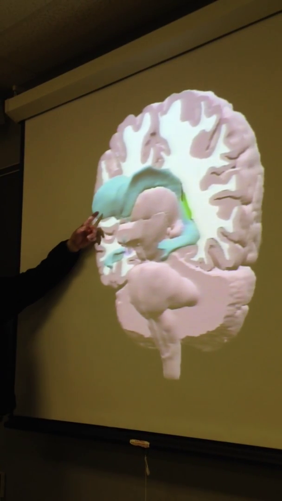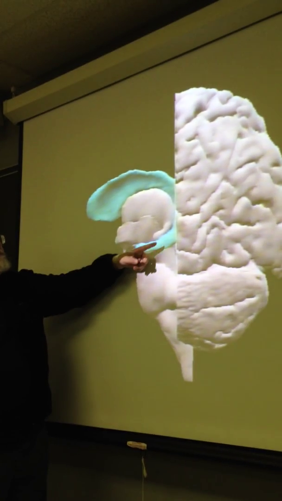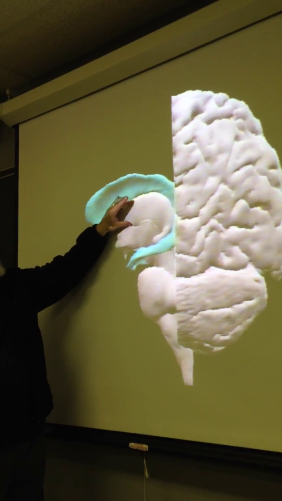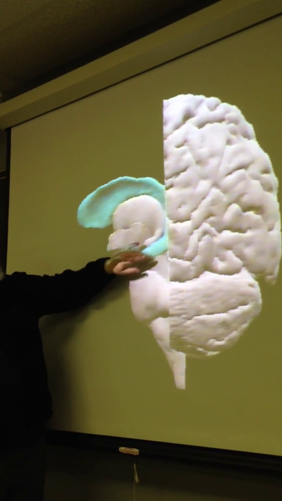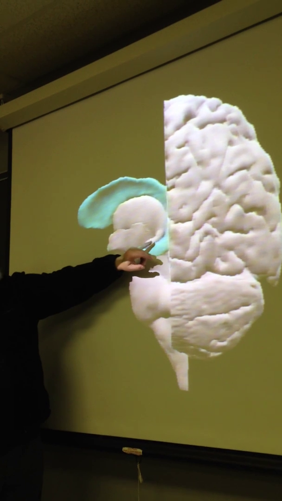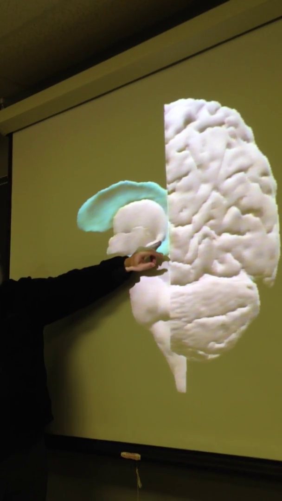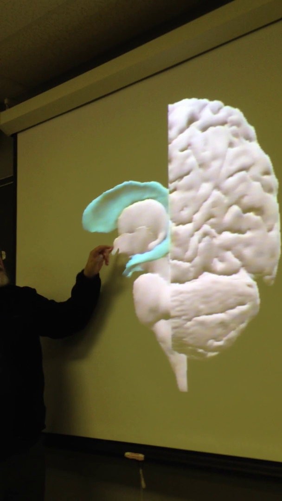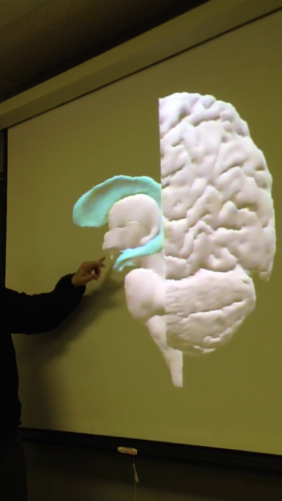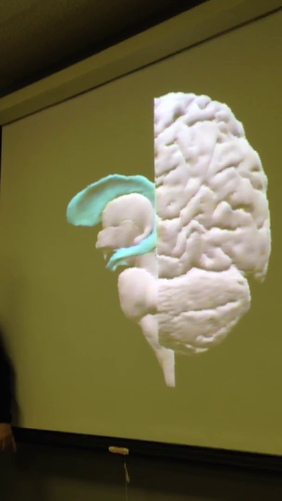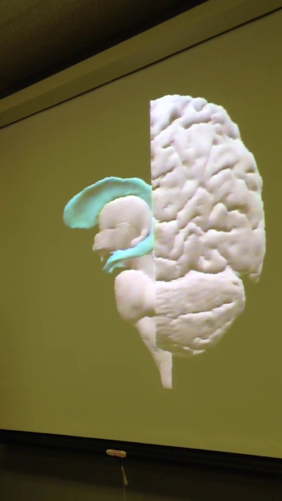Here's the lateral ventricles. Here's the thalamus. This is the lateral geniculate, and about here is the medial geniculate. This is the hypothalamus here, and this is the infundibulum, or the pituitary stalk.